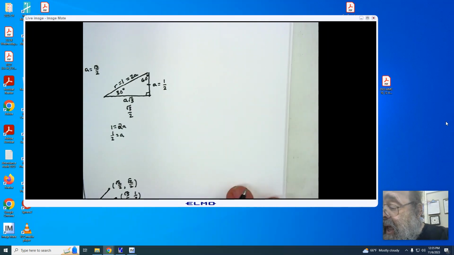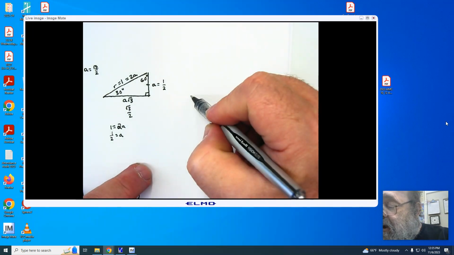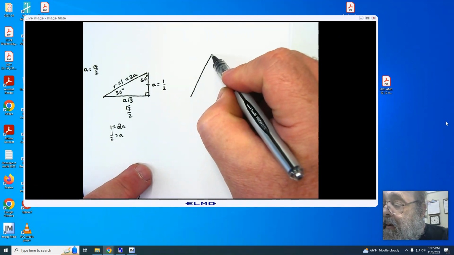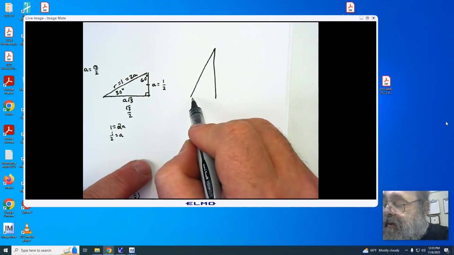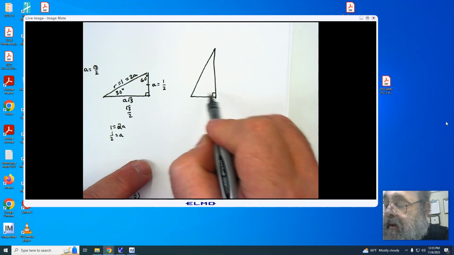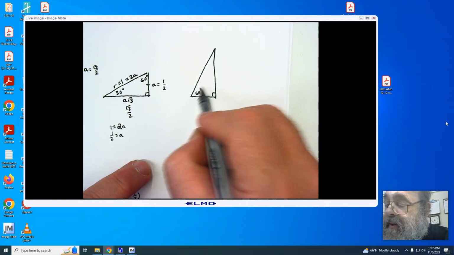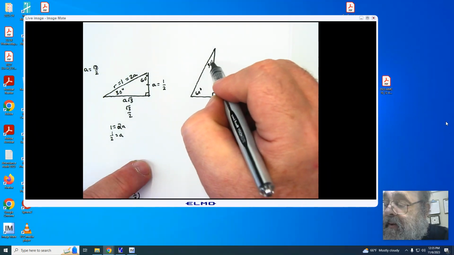We then go to the last of our triangles. This is the long, tall one. This is where we have the base angle of 60 degrees. So 60 degrees is here, 30 degrees is here.